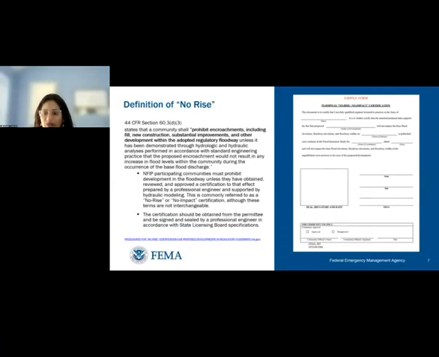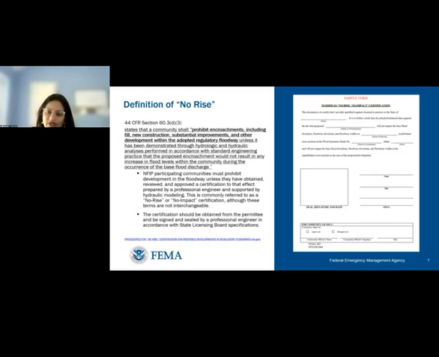I understand this slide is a bit wordy, but it is the official definition of no-rise from 44 CFR section 60.3(d)(3). It states that a community shall prohibit encroachments, including fill, new construction, substantial improvements, and other developments within an adopted floodway, unless it has been demonstrated through hydrologic and hydraulic analysis that the proposed encroachment would not result in any increase in flood elevations within the community during the occurrence of a base flood discharge.